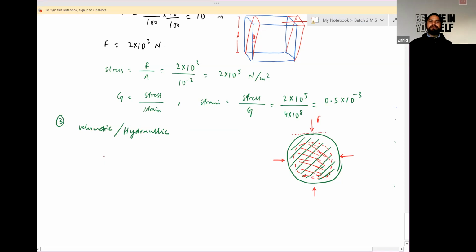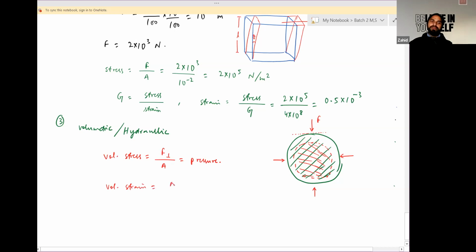So first, volumetric stress equals force that is perpendicular to the surface per unit area. So it is also called pressure. Change or deformation produced is volumetric strain.